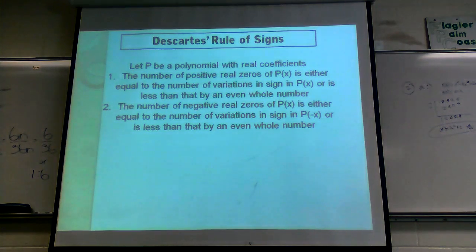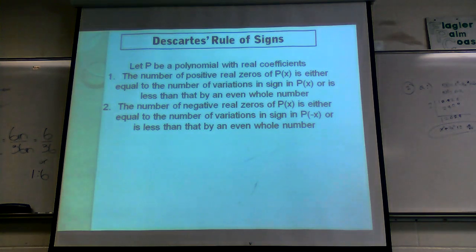Now, it reads really odd. The whole switch in sign thing, the variations in sign, that's not a big deal, because that just means it changes from a positive to a negative. But the whole less than an even whole number thing usually throws people. Even whole number, guys, is like 2, 4, and so on.